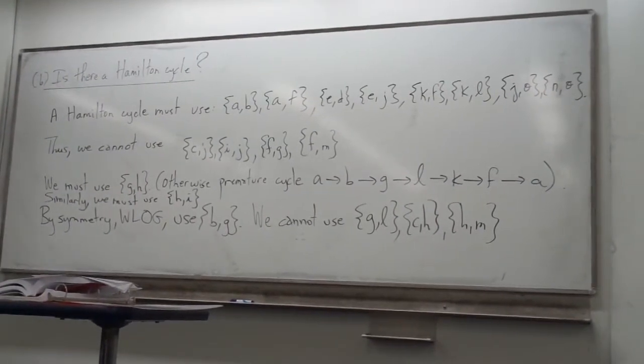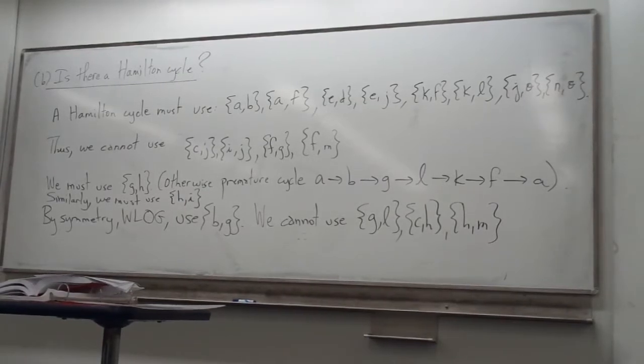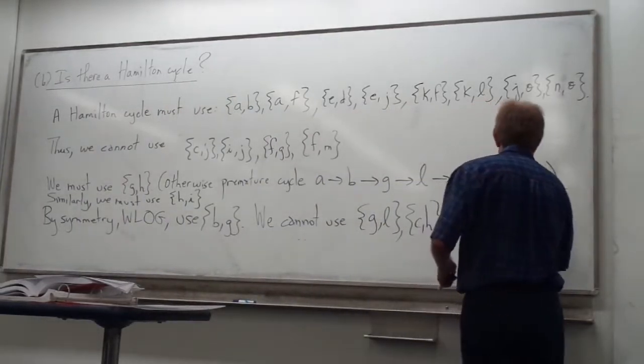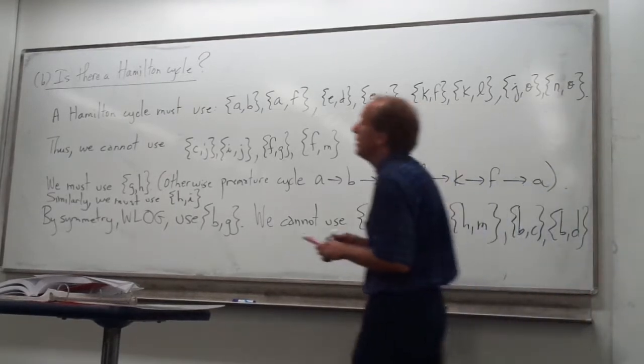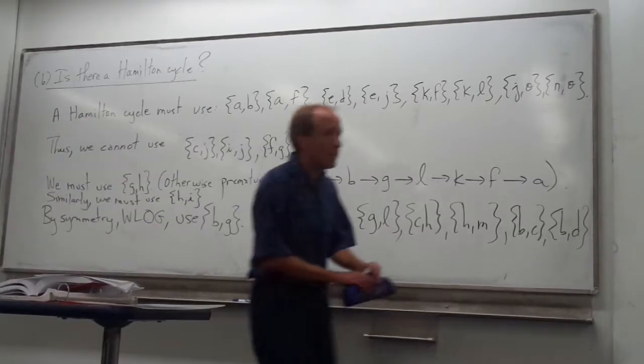Look at vertex B. BC is gone, and what else is gone? BD, right? Gone. So we can't use any of those. We must be just about done. BC, BD, all these are gone. Oh, we're done, because look at vertex C. You don't even have two edges left to visit vertex C on. So now we know this graph does not have a Hamilton cycle.